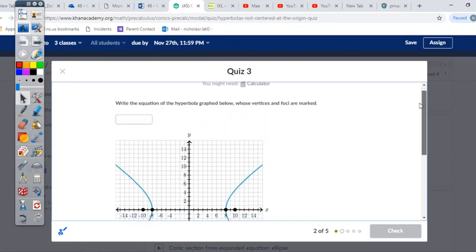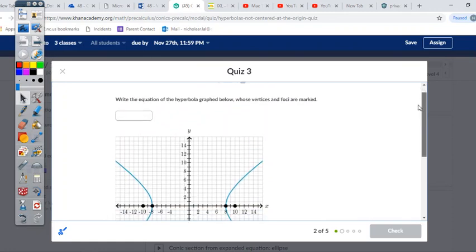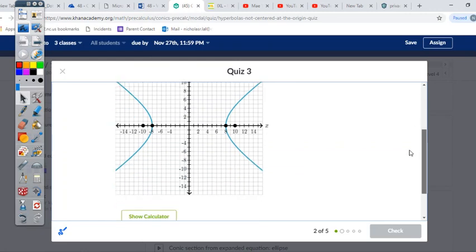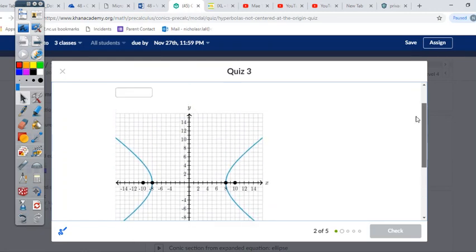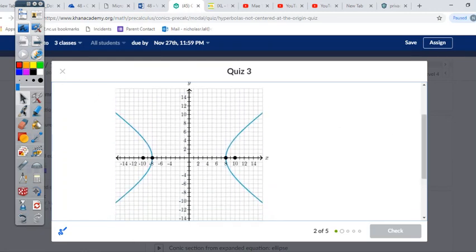Write the equation of the hyperbola graphed below whose vertices and foci are marked. All right? So let's see. Our center, hopefully we can see, is 0, 0.